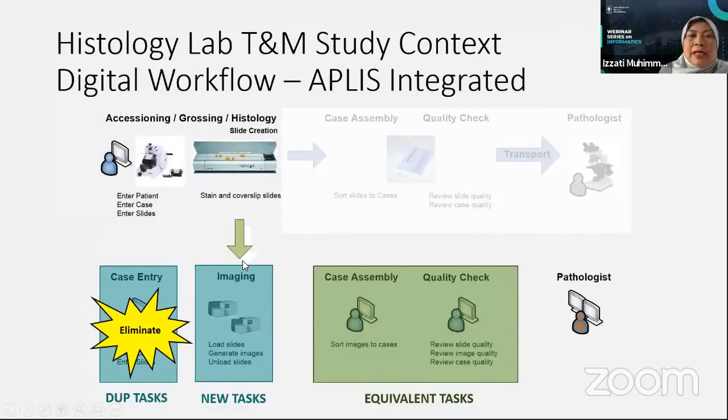But in Indonesia, mostly in primary care, the government only provides the Olympus microscope.